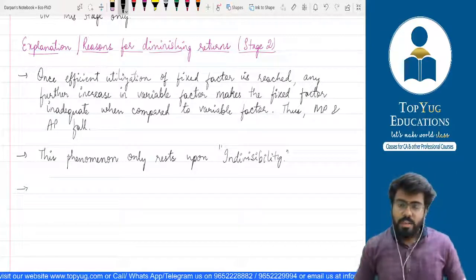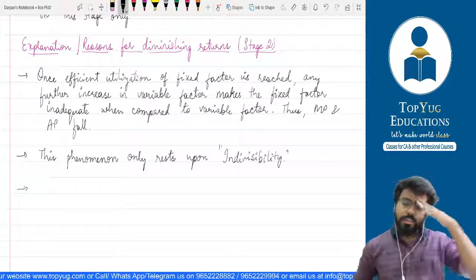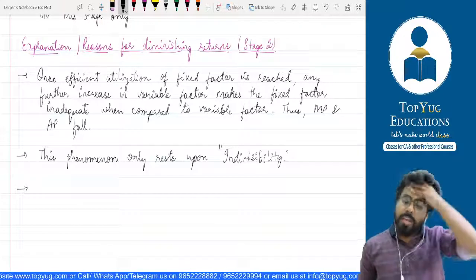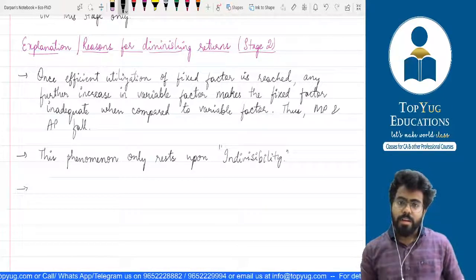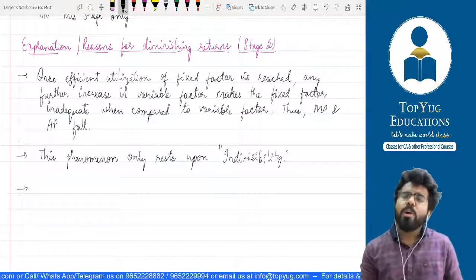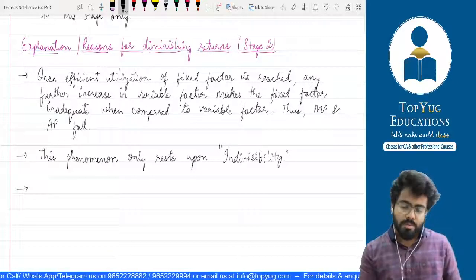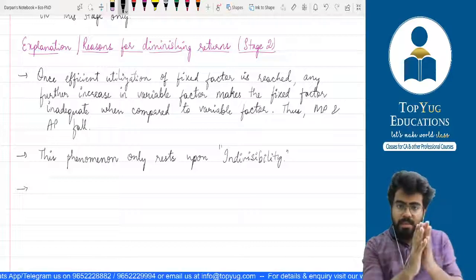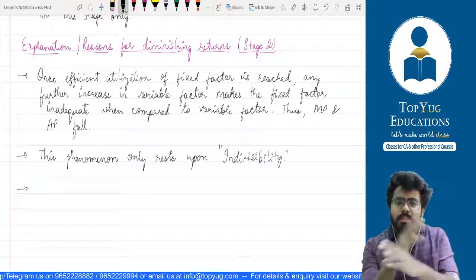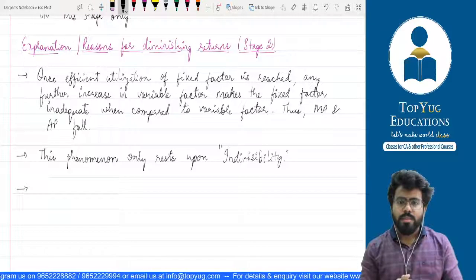And another reason for diminishing returns is imperfect substitutability of factors. What is imperfect substitutability? That means labor and machinery, are they perfect substitutes to each other?